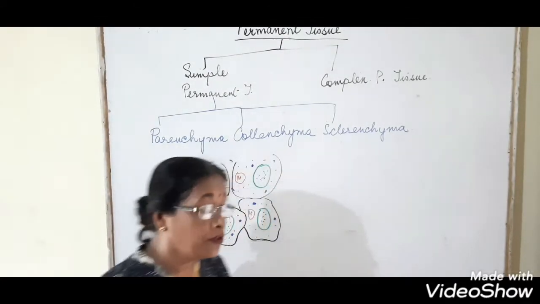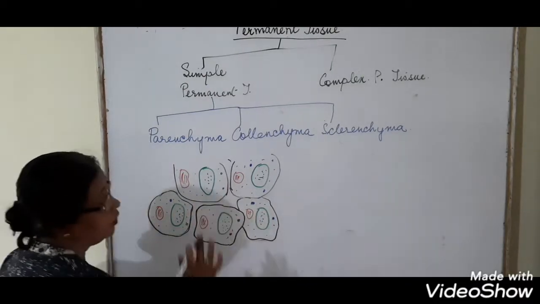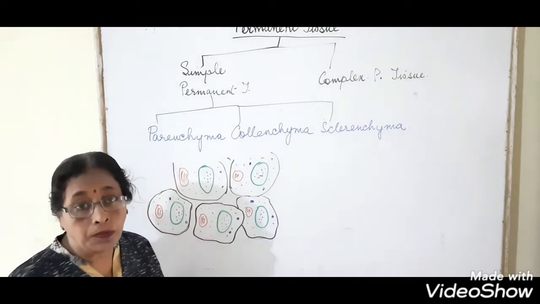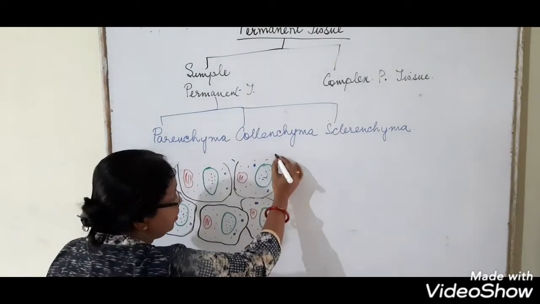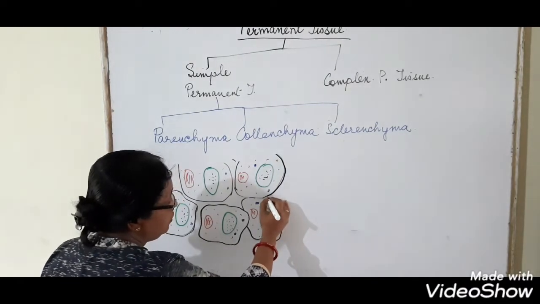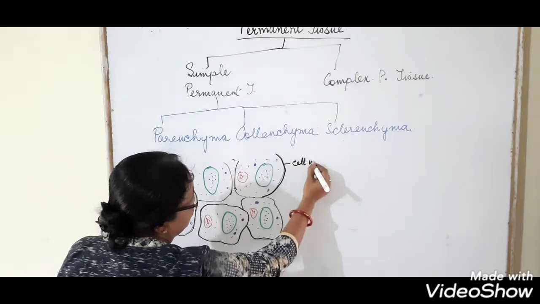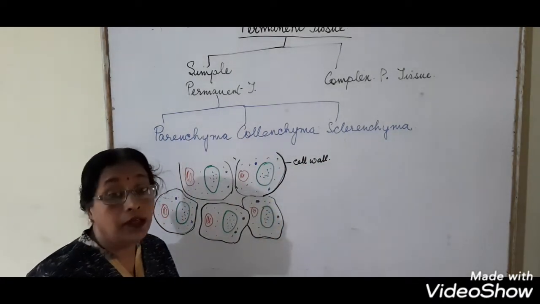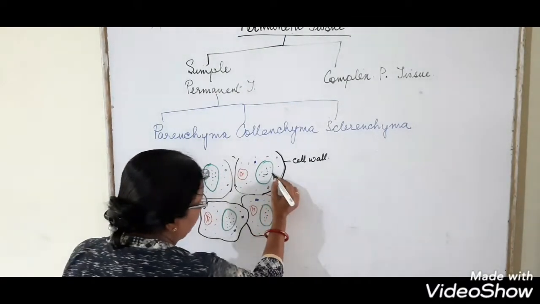Now let us see the structure of the parenchyma cells. You see the cells are oval in shape. They can be oval, spherical or polygonal. The cell wall is thin. It is thin wall. You see the cell wall is thin. This is the cell wall. A centrally placed large vacuole is there. This is the vacuole.